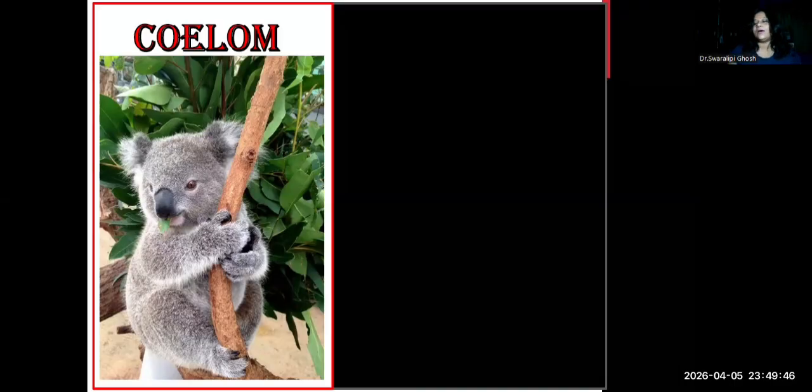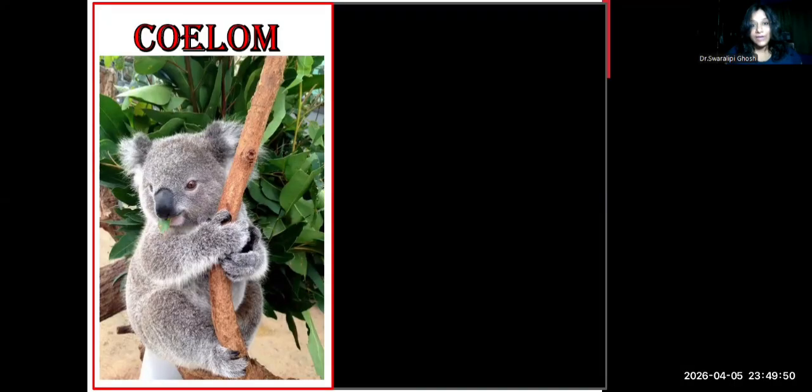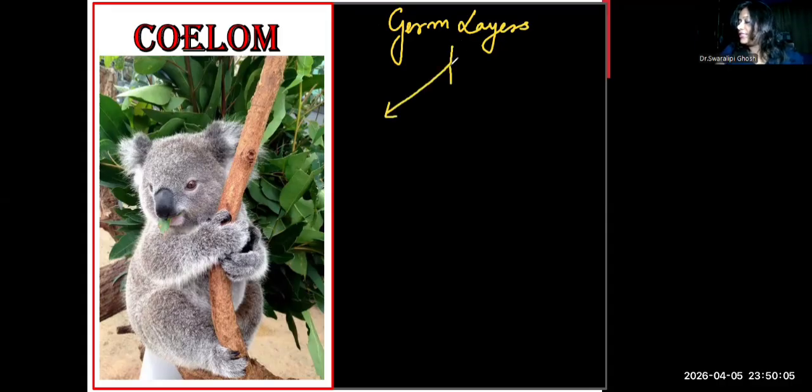Okay, so first and foremost, I'll revise the topic a little bit, that we have learned about the germ layers, right? The germ layers are of three types. That is, there is ectoderm, which usually forms the outer body wall, right?